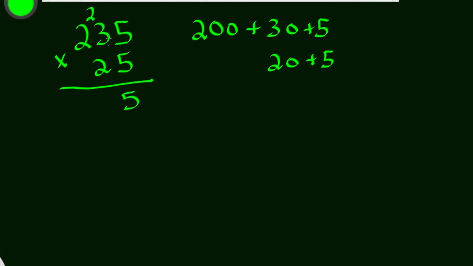This, if you remember, is the tens column. So if I was to break up this answer, 5 times 5 equals 25, into expanded form, that would be 20 plus 5. Well, check it out. Here's my 5, and here's my 20. 20 plus 5 is 25.